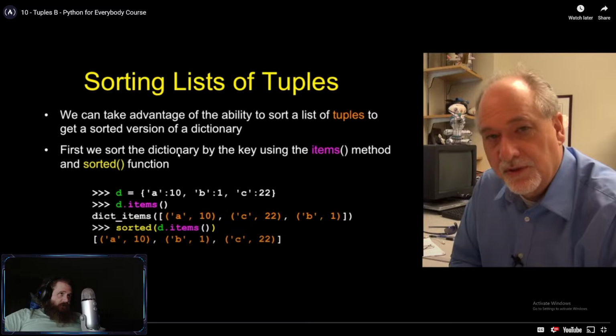First, we sort the dictionary by the key using the items method and sorted function. D equals this. So that's a dictionary, I think.